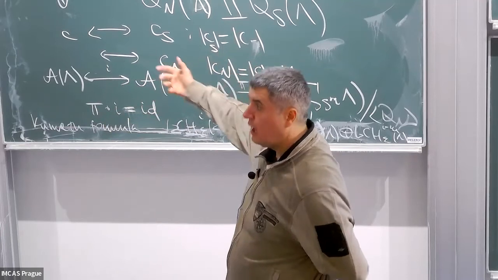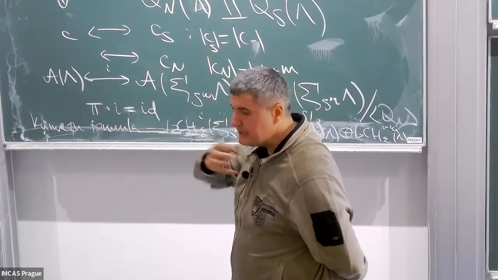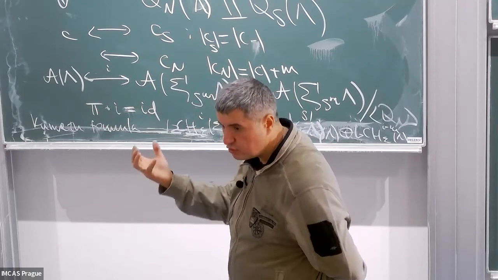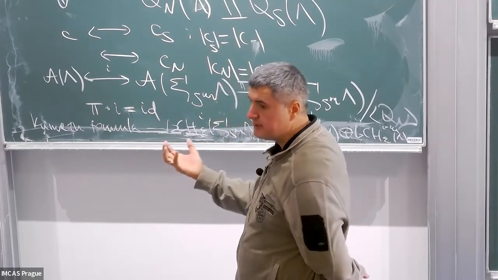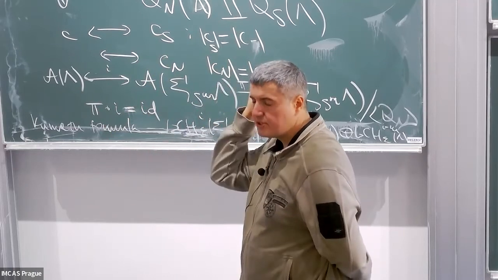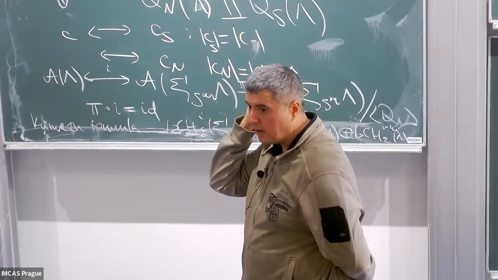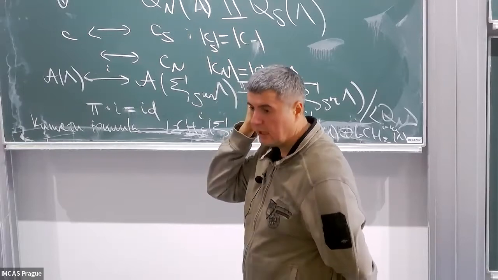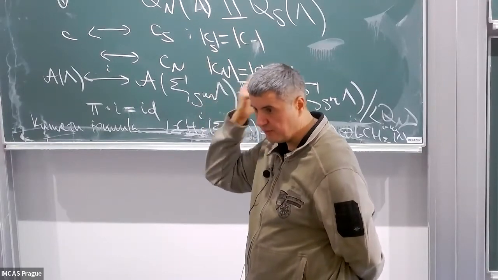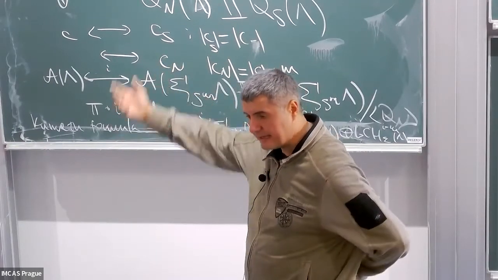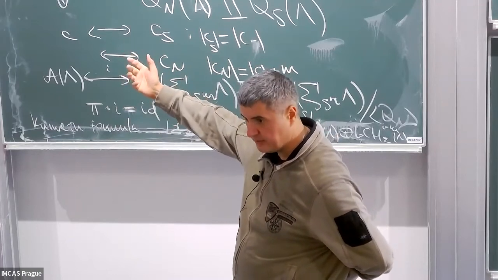In my case, I didn't know a priori what would be the H1 of the filling, and that's the reason why I need this Kernet formula. Since I know how this filling is supposed to look like in low dimensions, and there is a Kernet formula plus Seidel's isomorphism, I can say how it's supposed to look like in high dimensions.